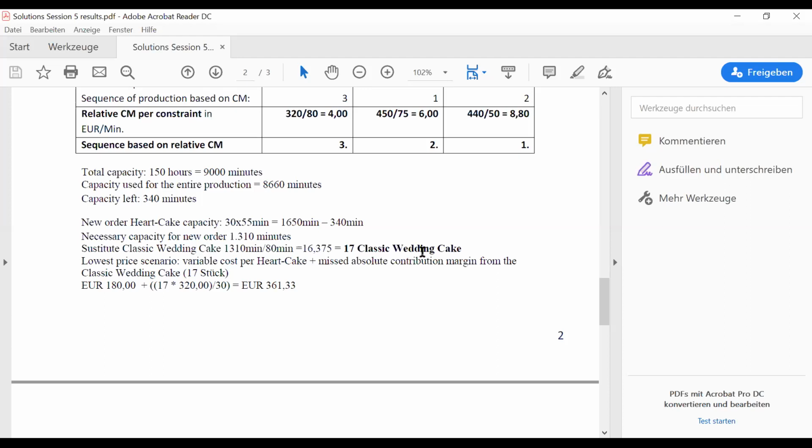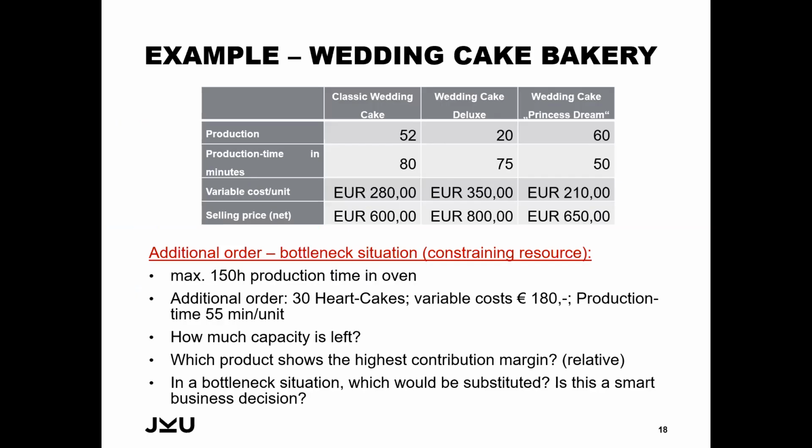Which means we have to get at least the contribution margin of those 17 wedding cakes back, and we have to assure that all the variable costs of the hard cake are also covered, obviously.